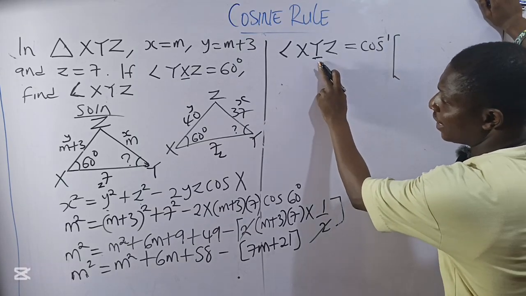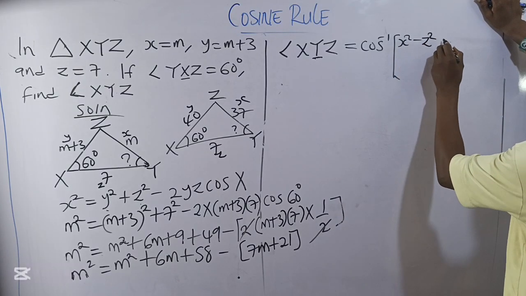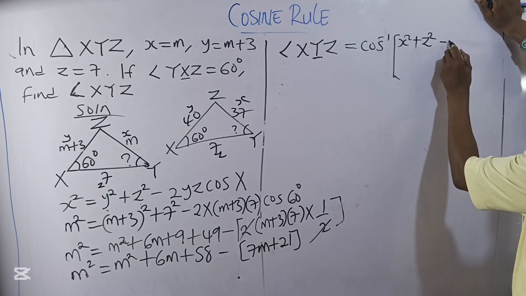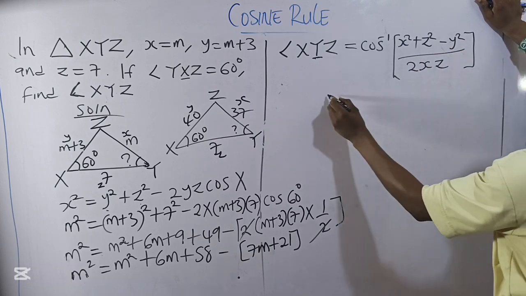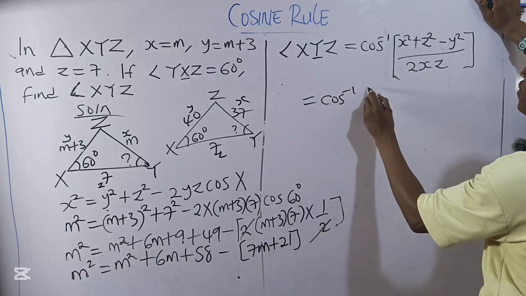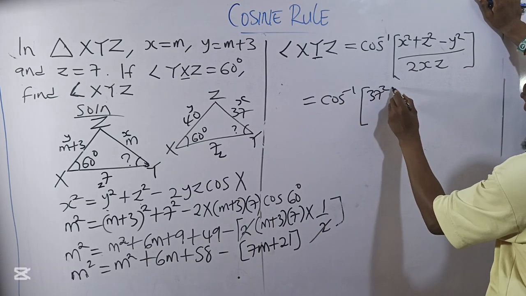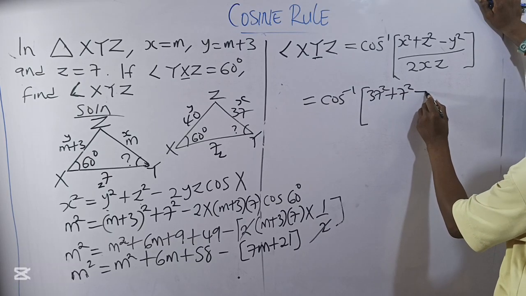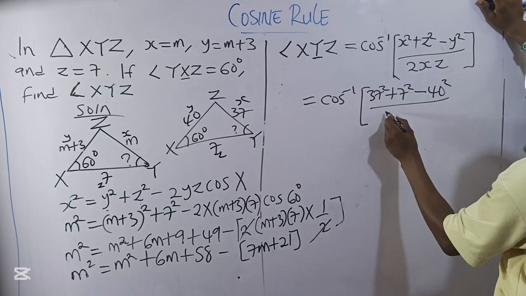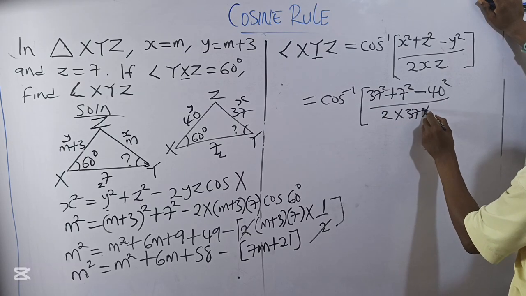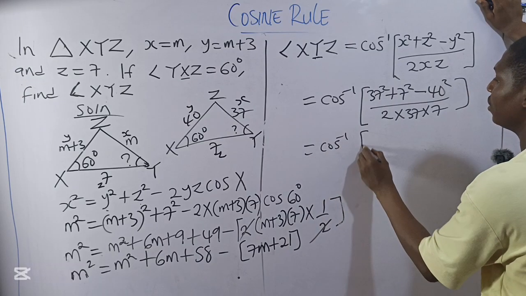Since I'm looking for y, I will have x squared plus z squared minus y squared all over 2xz. This will give me cos inverse of x, which is 37, so 37 squared, plus z, which is 7 squared, minus y squared, where y is 40, so 40 squared, all over 2 times 37 times 7.